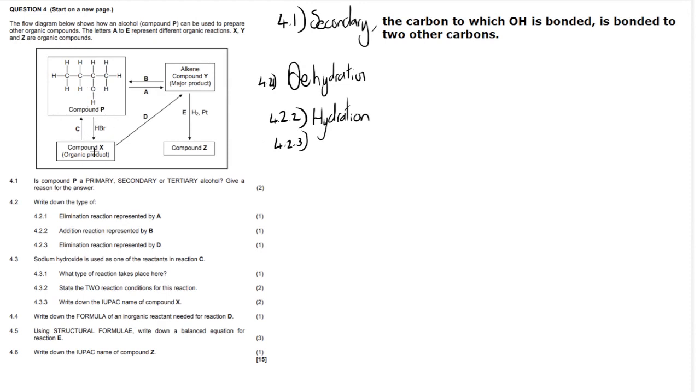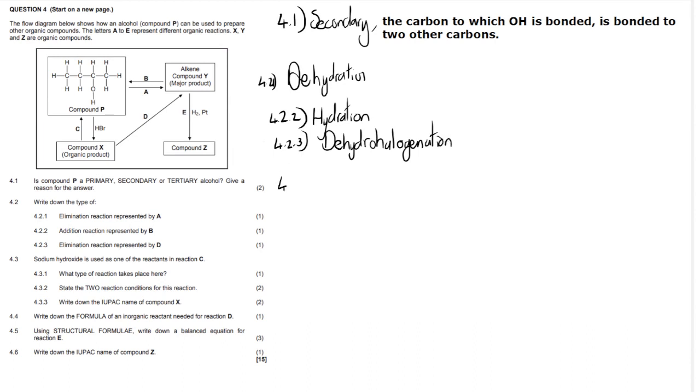Okay, let's have a look. This must mean this is a haloalkane, going from a haloalkane to an alkene. This is going to be subtracting one bromine and one hydrogen. That's dehydrohalogenation. So we're removing a hydrogen, a dehydro, and a halogen, halogenation.